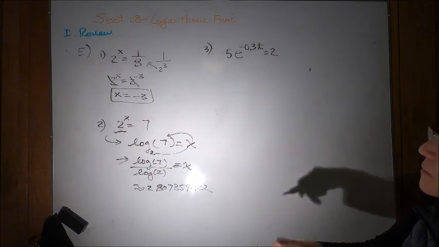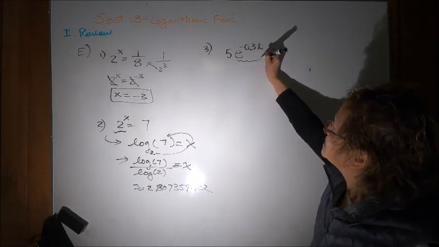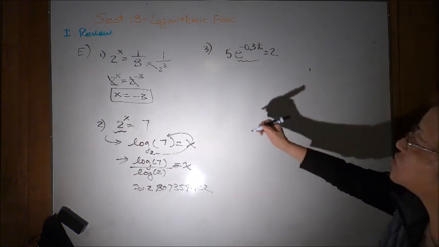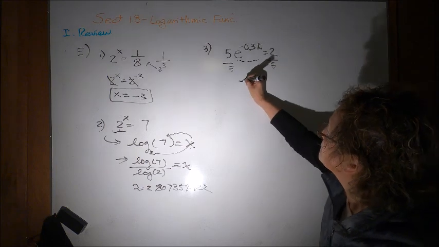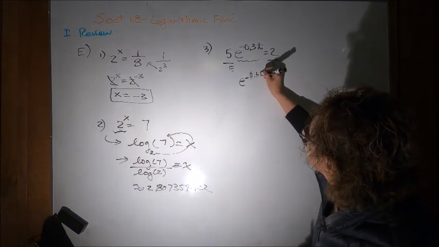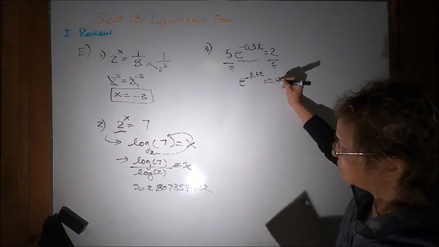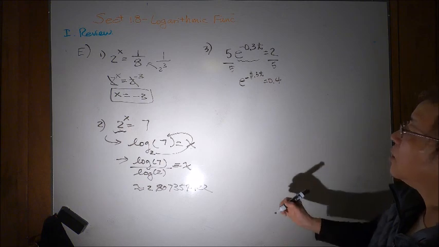So you transform it. This one, besides the exponential thing, also has an extra thing. So you want to remove that, get rid of it. So you make it simple, right?